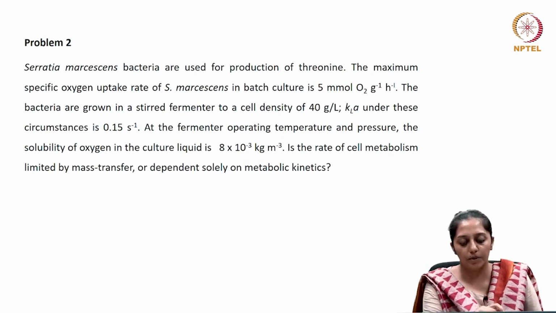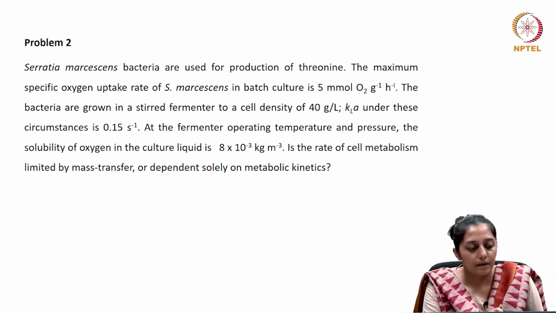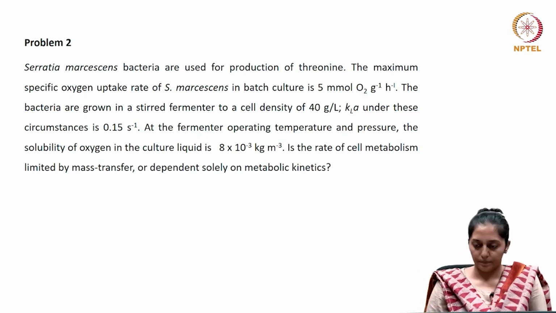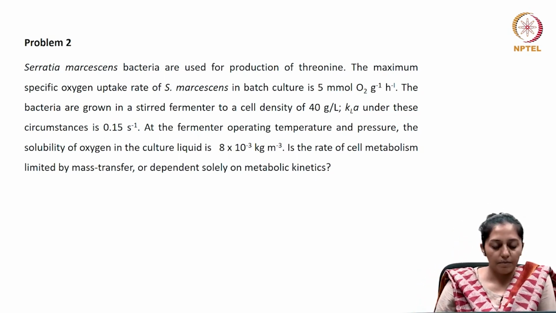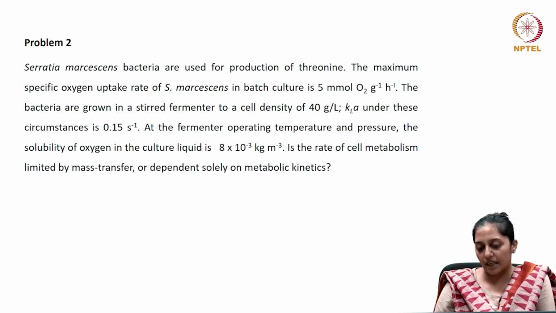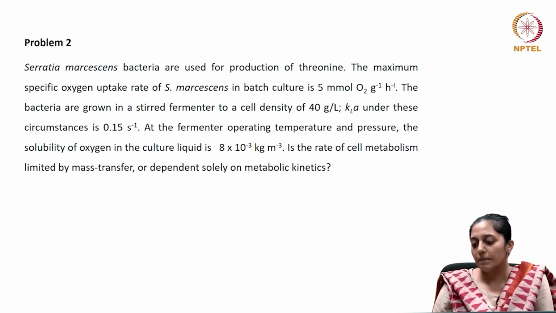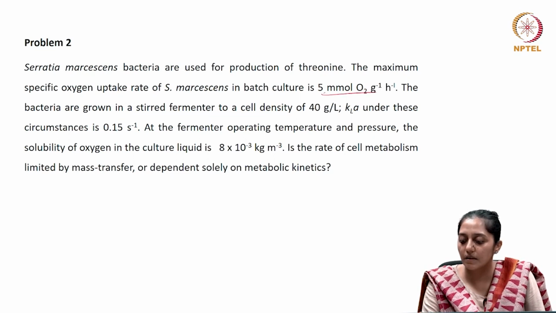Let us see the problem 2. Now, Serratia marcescens bacteria are used for production of threonine. The maximum specific oxygen uptake rate of the bacteria in batch culture is given to us.